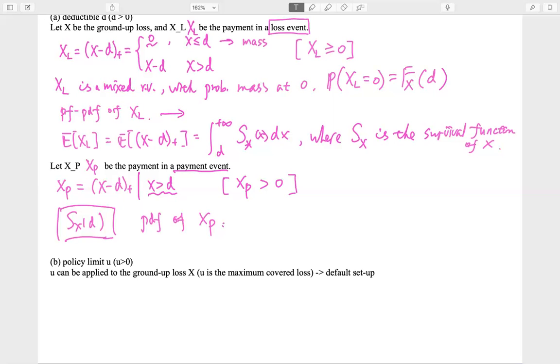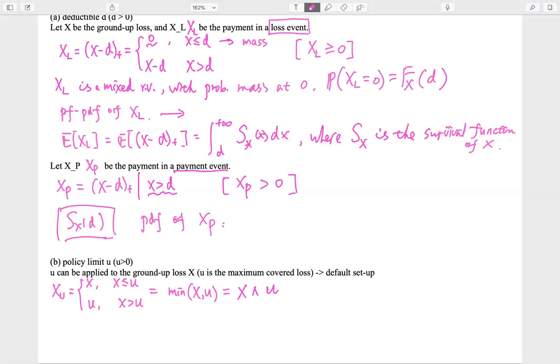So if you introduce a notation, let's call it XU. That means this is the minimum between X and U. The mathematical notation is X wedge, those little triangle, U. In this case, the policy limit is applied to the ground up loss.